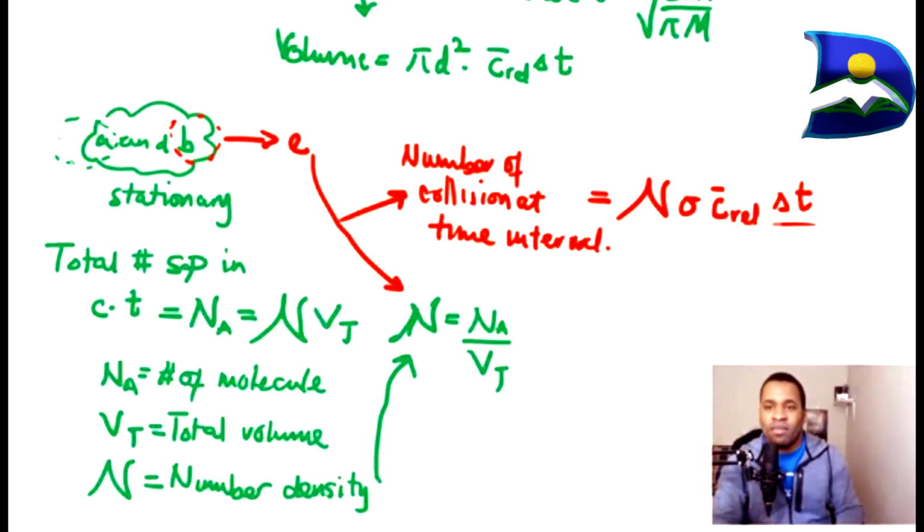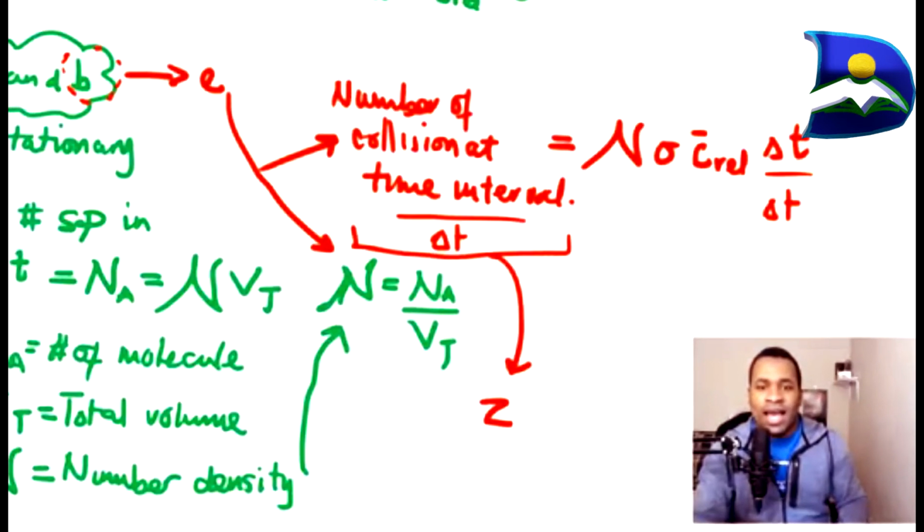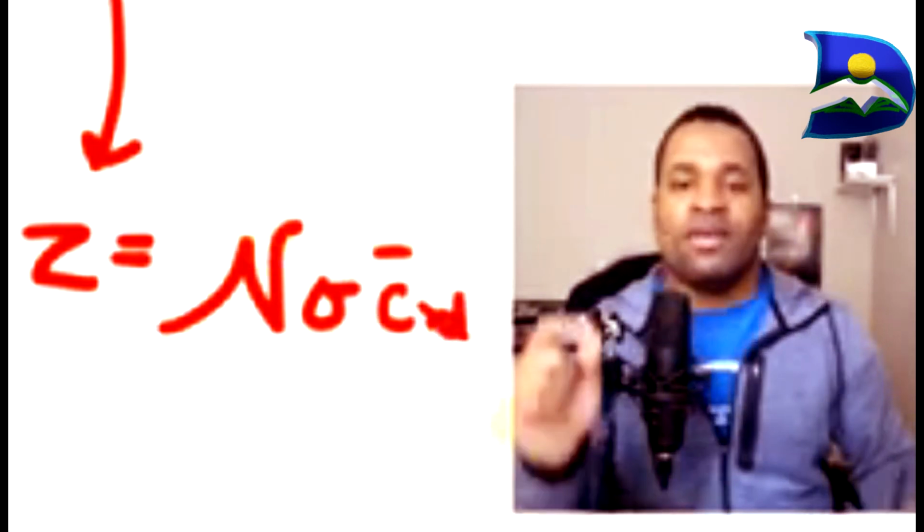So therefore, if you divide both sides by our time, we'll be able to get this particular subject of the formula to be in terms of Z, and Z, which is the number of collisions divided by our time interval, is actually equal to the number density multiplied by the area multiplied by the specific relative mean speed.